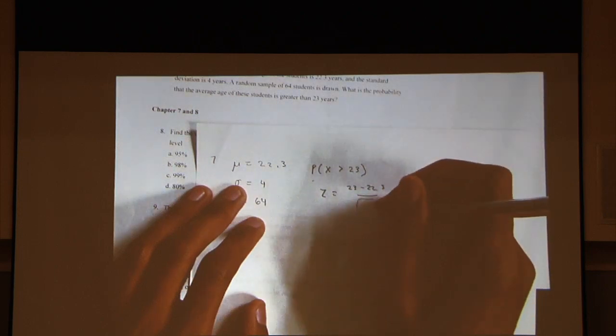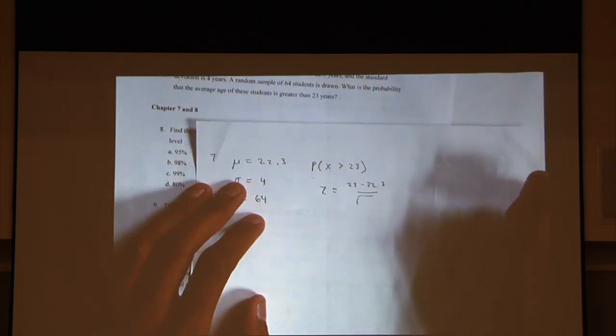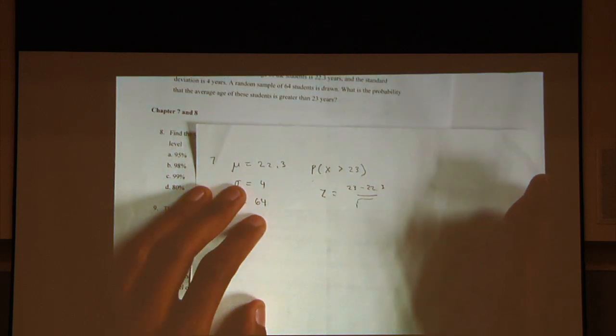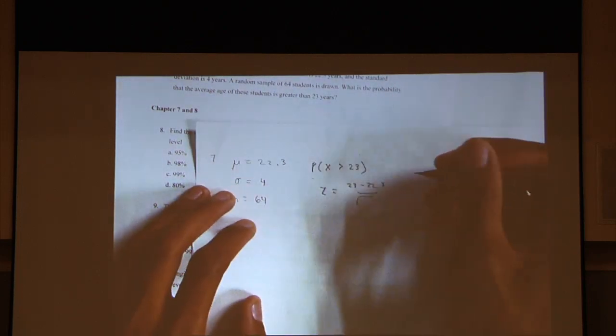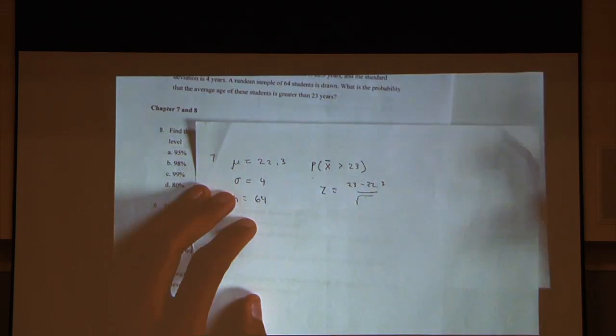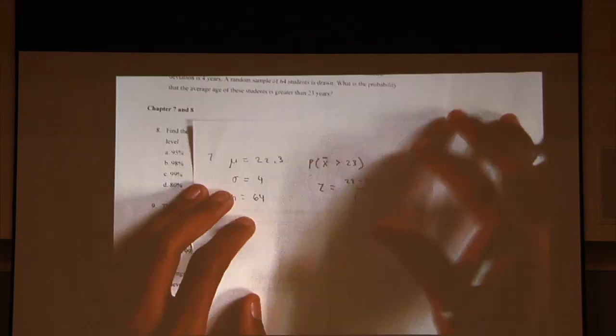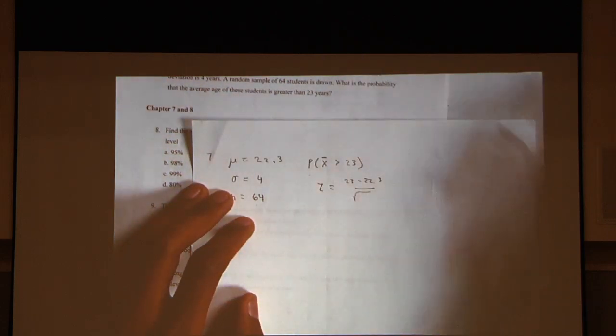Average age, or x bar if you want. Yeah. The random variable that you're dealing with is the mean already. So you're trying to approximate what the value of the mean is.